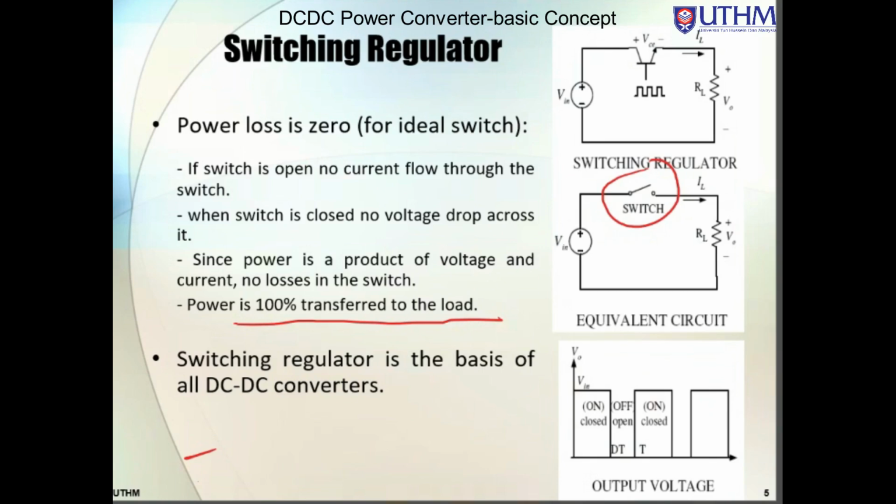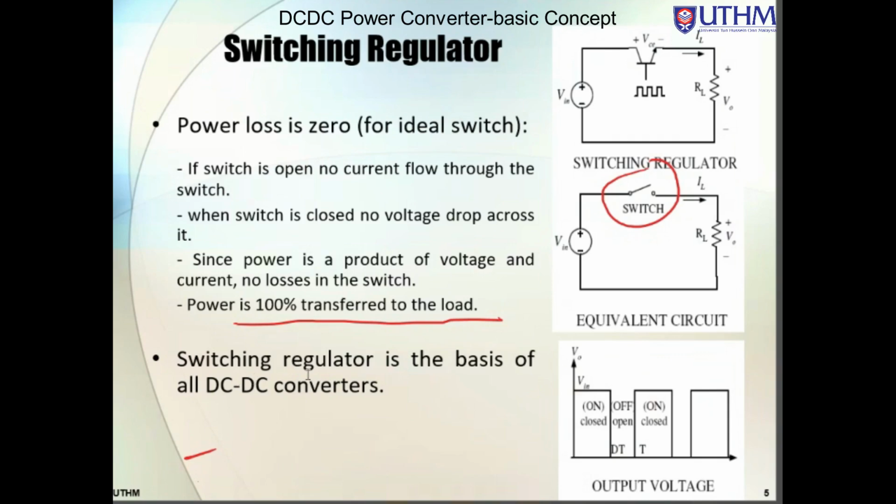We cannot use a manual switch like we usually see, because the DC to DC converter usually operates at a high frequency, more than 1 kilohertz, basically 10 kilohertz and above. So it's very fast switching. It's not possible for our hand to click or control that kind of switch. So that's why we need a control system that controls our switch.